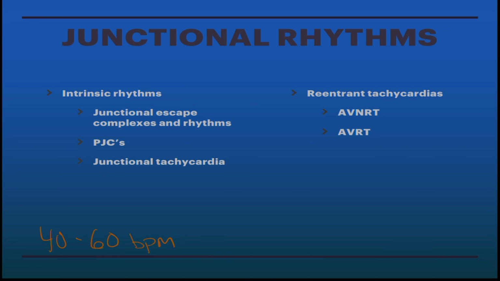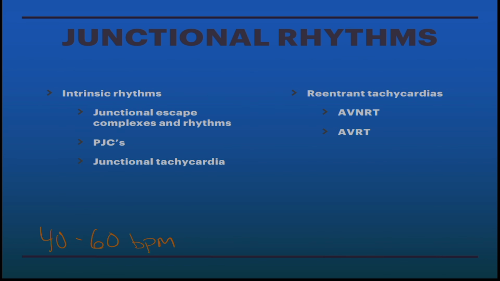That's going to trigger a junctional complex to basically save the heart so that the ventricles depolarize. Always remember that the ventricles are what is responsible for creating our cardiac output and creating our pulse. Without that, you have hemodynamic compromise and sudden cardiac failure. So the junctional escape here is saving the heart from not beating.